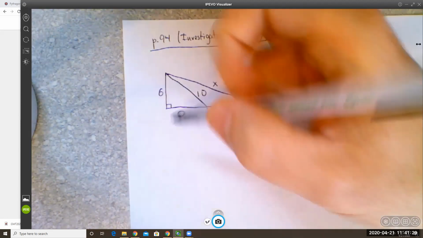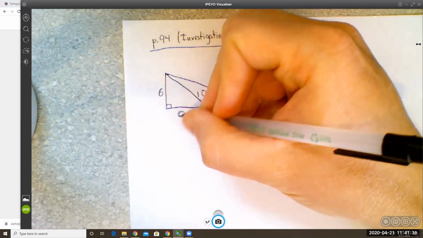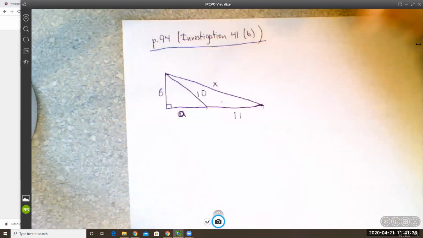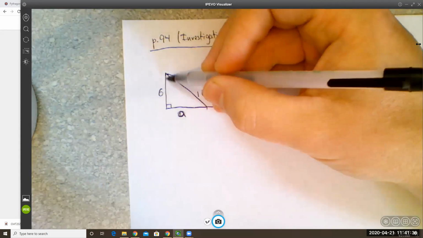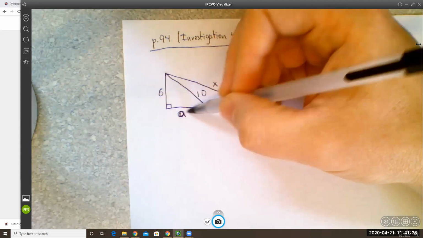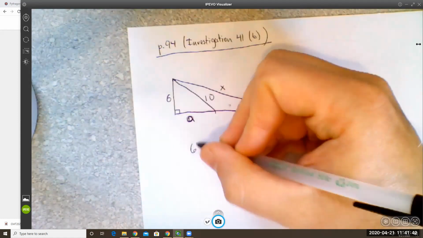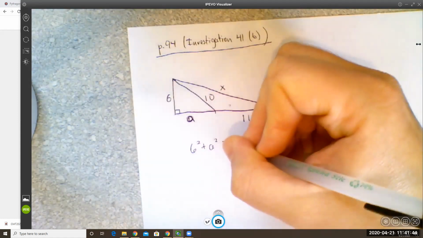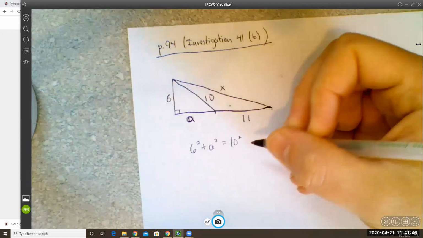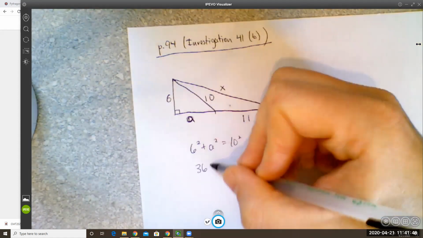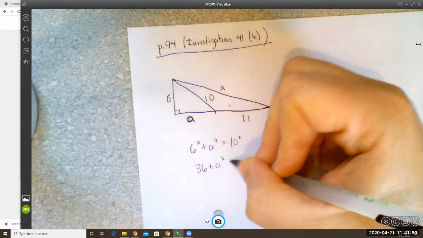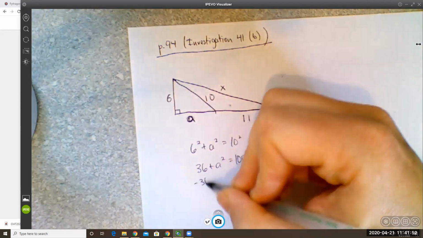So if we give this thing a name, maybe I'll call this A. Then we can say 6 squared plus A squared equals 10 squared. So 36 plus A squared is 100. We can subtract the 36.